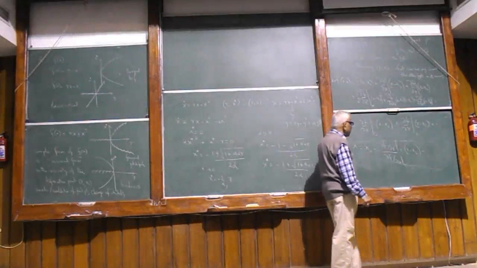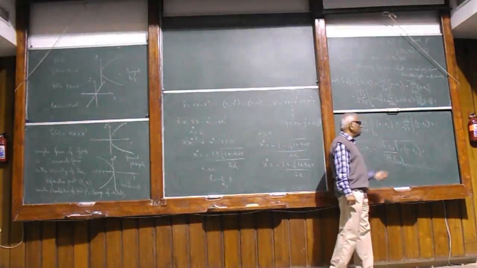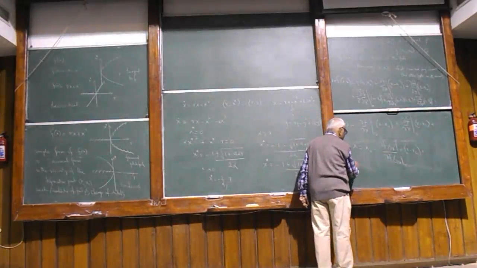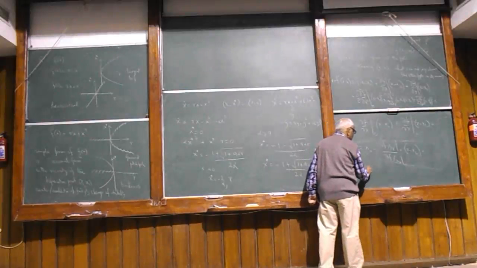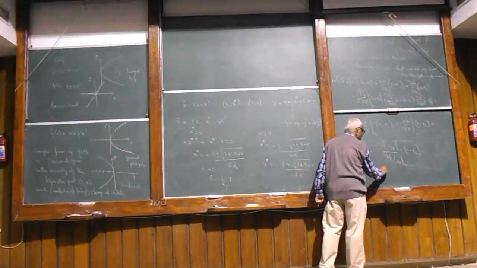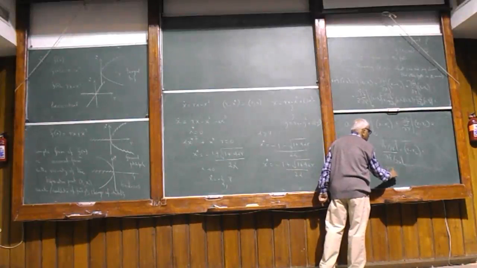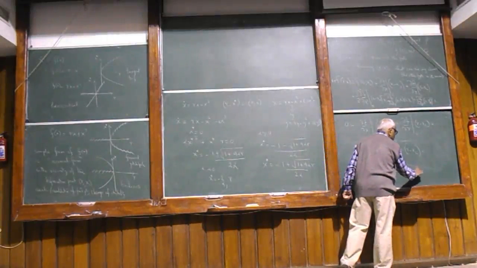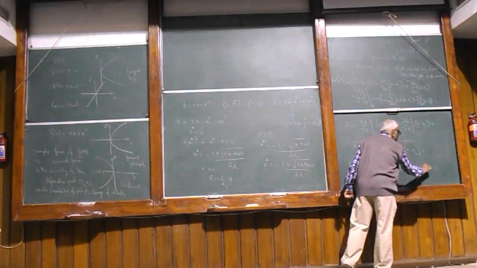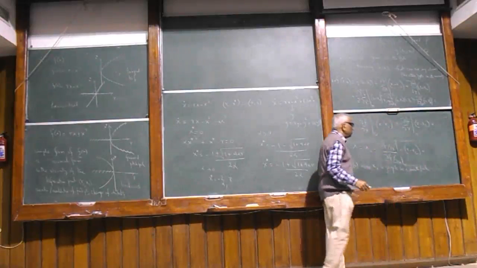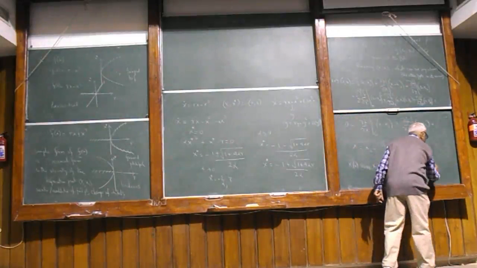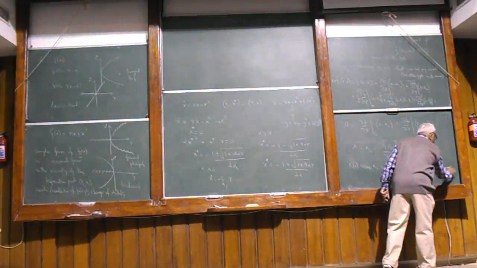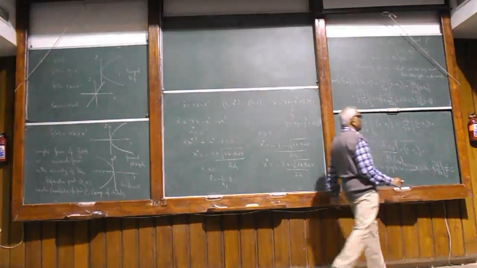I mean, you are going to have a smooth solution, x of r near x_0, is going to be a smooth function if ∂f/∂x is not equal to 0.